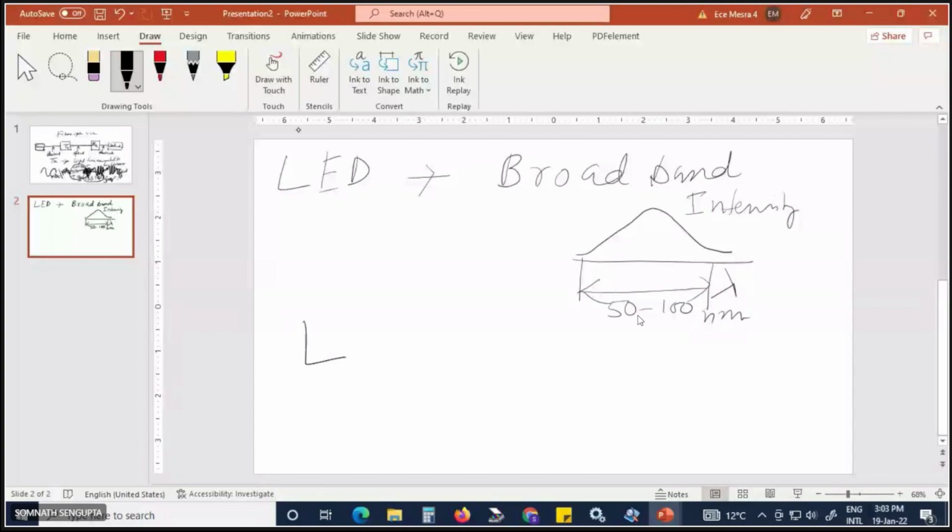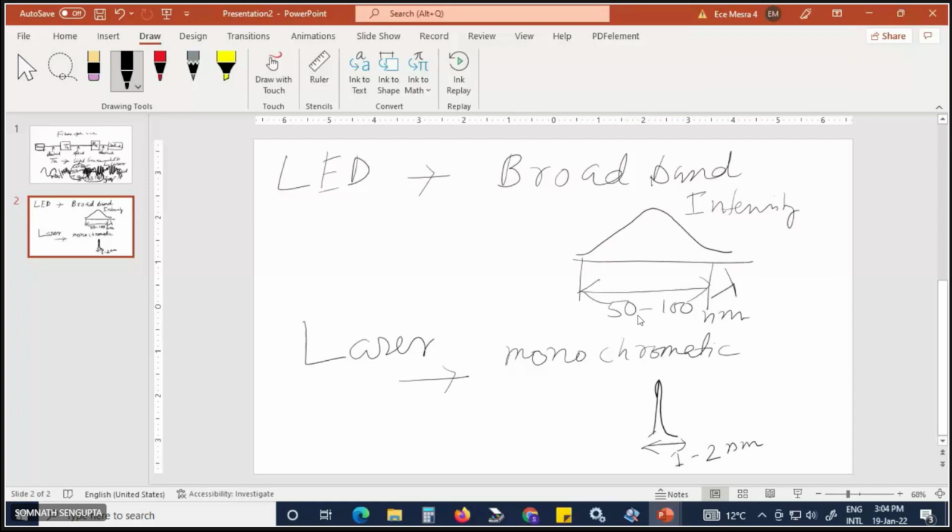And the laser, whereas, is monochromatic. It is a very narrow beam, 1 to 2 nanometers.